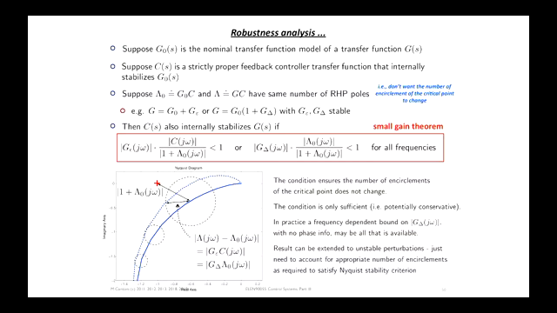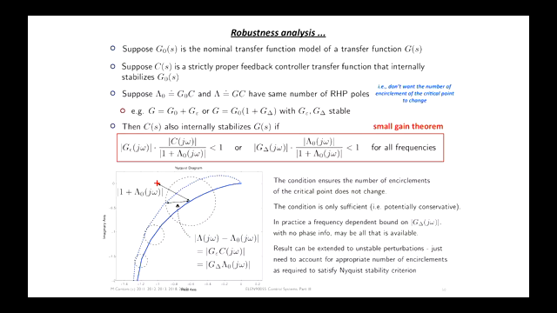We may design our system and verify that everything is stable for the nominal model of the plant. So we have a nominal open loop transfer function lambda naught, and we want to make sure that the closed loop with the perturbed model is also stable.